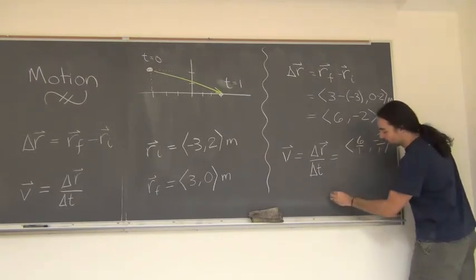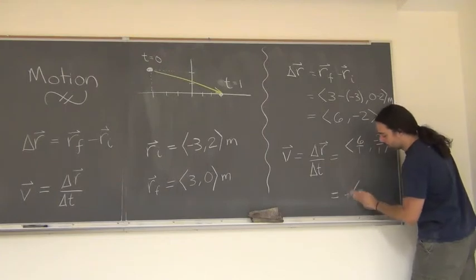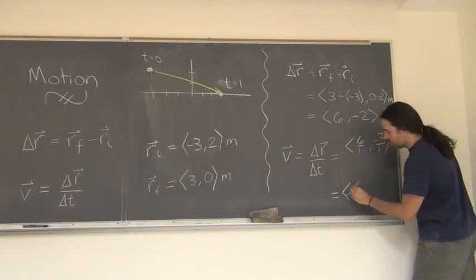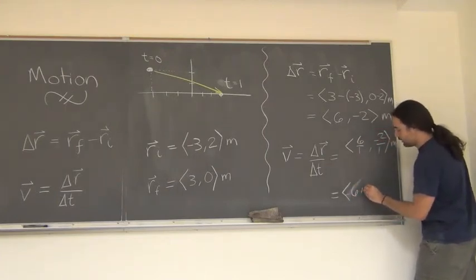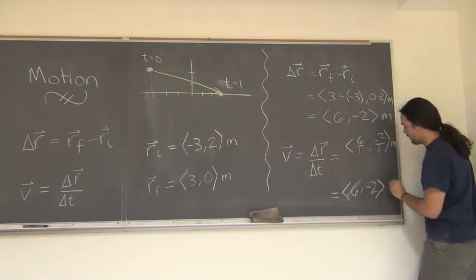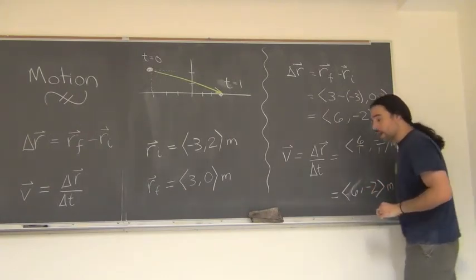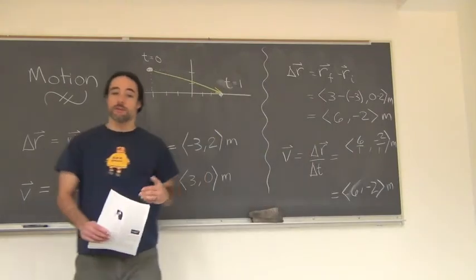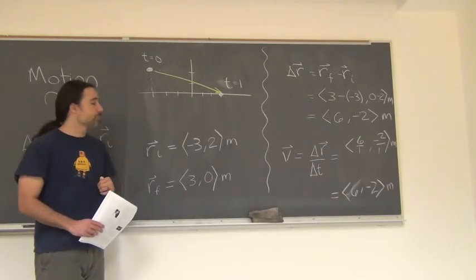So in this case, my velocity would have the same numbers as my displacement, just because I'm dividing by 1 second.